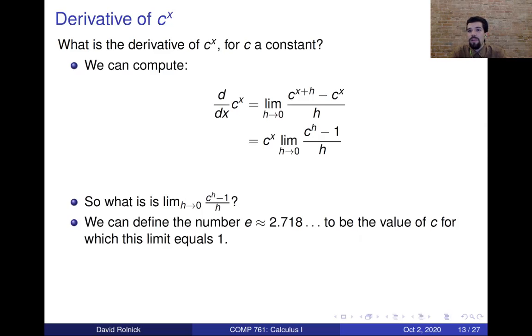This might be a little bit of a frustrating definition, but we will see how all of the other definitions of e follow from this one. So it is the particular value of c where the derivative of c to the x, evaluated at 0, is 1.